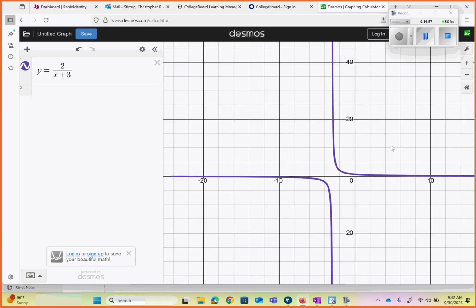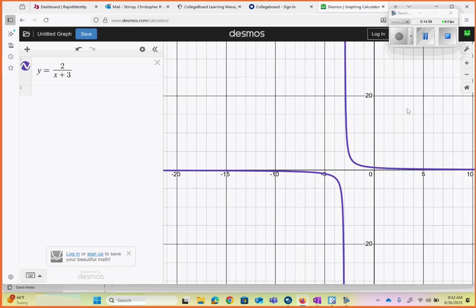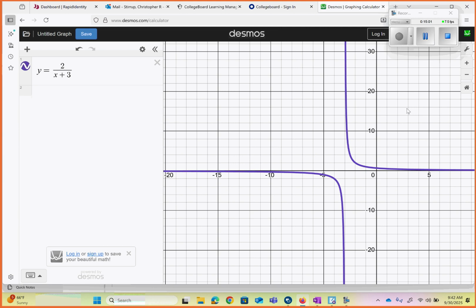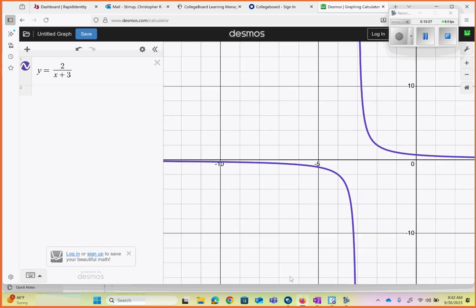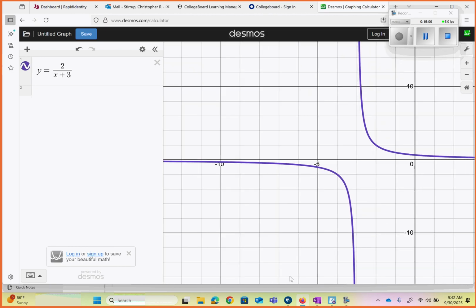All right. So this is a nice one. As I go to the right and as I go to the left, what does it appear my graph is getting close to? As I go to the right, is it shooting straight up? So what I mean is this. On my graph, you're seeing all of the wiggles that will take place.